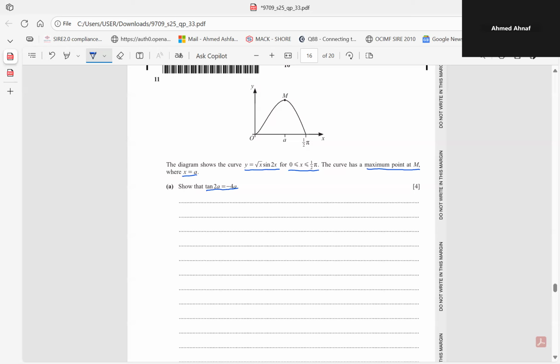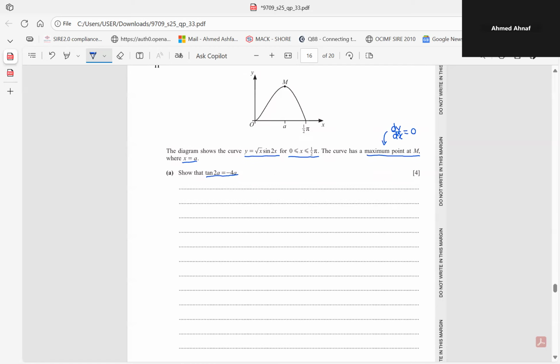All right, so to start off this question, we're going to make use of the second piece of information, maximum point at m. So maximum point is a stationary point, so hence at that point dy dx would equal to 0. Okay, so first step, let's find our dy dx. So y is equals to x to the power of half times sine 2x.